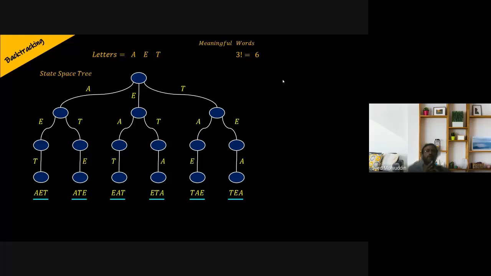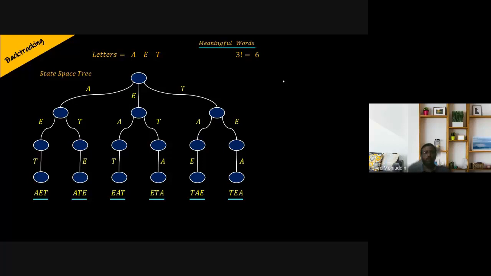But what we want is that the words we create should be meaningful. So now we have put up a constraint that the sequence of letters with which we get the words should be meaningful.